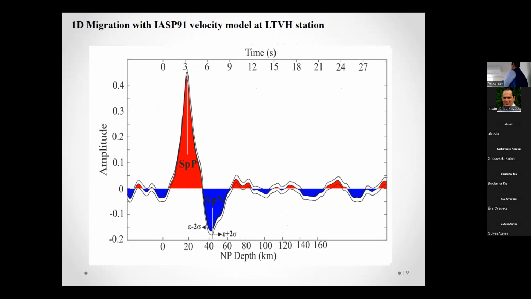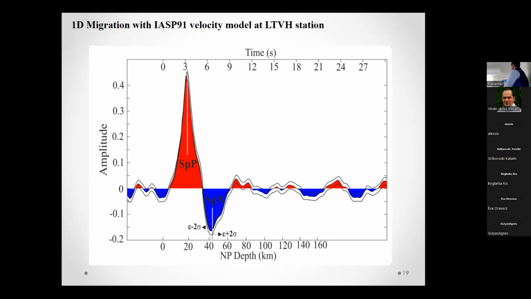So the first interpretation method was the 1D migration of the receiver function with the Jasper 91 global velocity model. This is the example at the LTVH station, which is located in the Great Hungarian Plain. So we can see the results here, and maybe Nori will say more detail about the 1D migration with local velocity model in the next presentation.